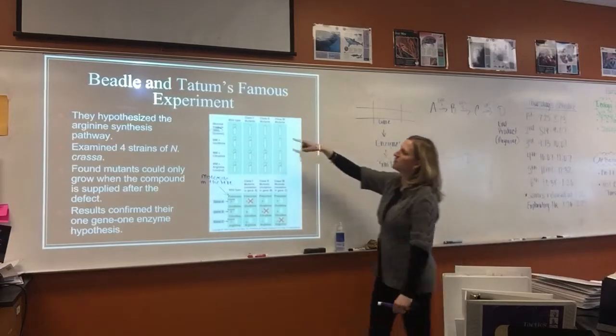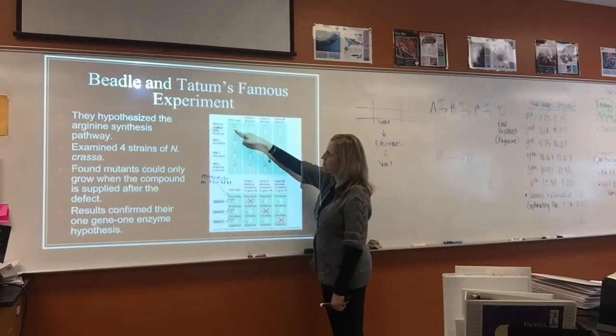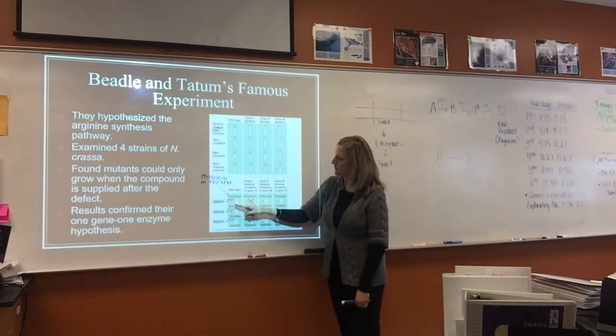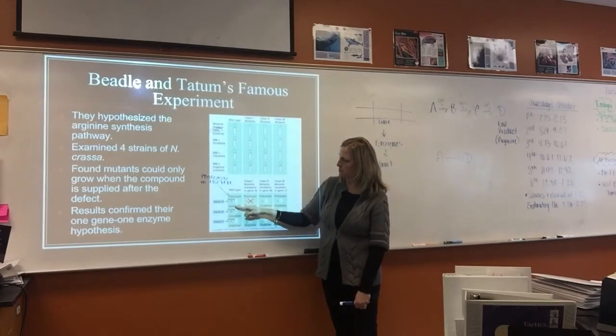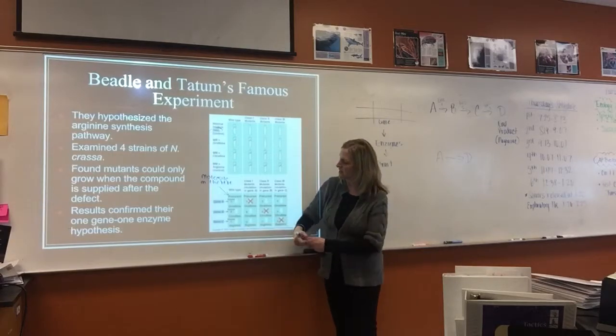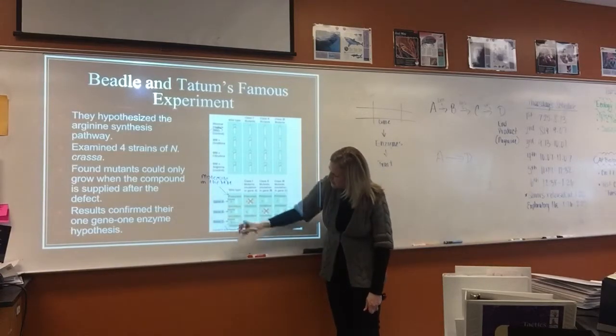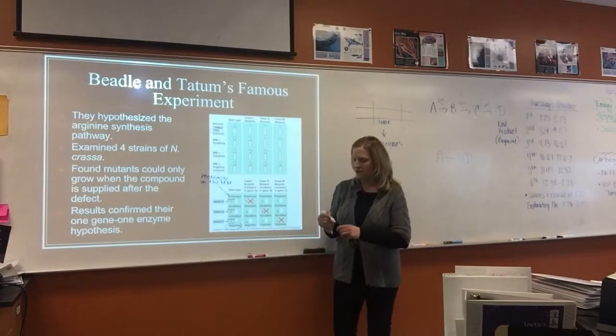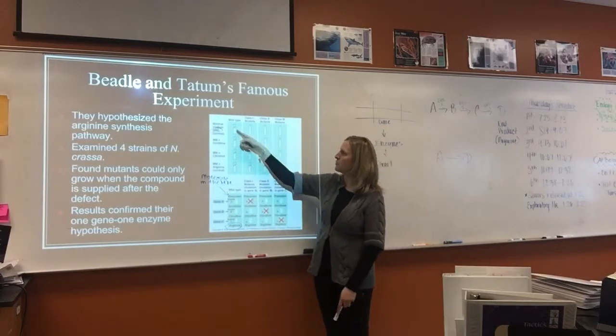So this bread mold is able to take something in this minimal medium and convert it to the first in this process, a molecule called ornithine, which then converts into a molecule called citrulline, which then they can convert into arginine. And this is what we want. This is the molecule at the end that we want to keep the bread mold alive.